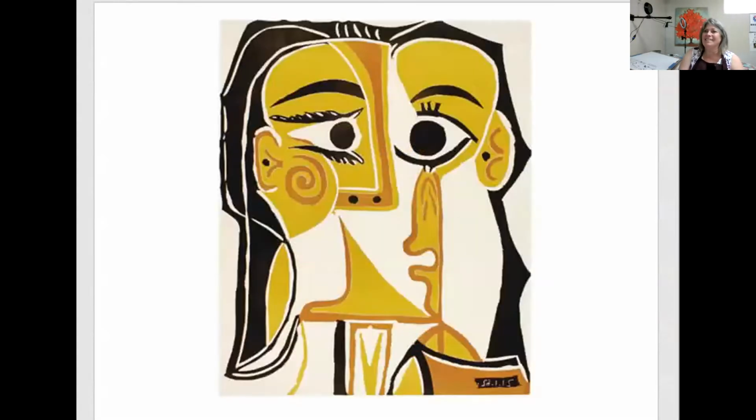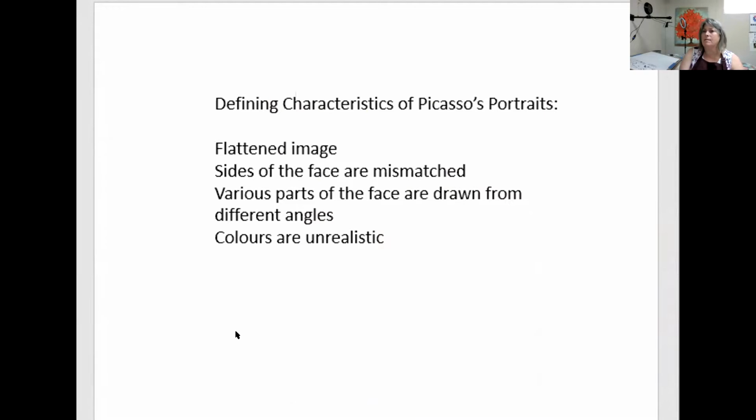This one's interesting too. He's flattened the whole face, but this half is in profile. This is the other, well, that eye is straight on, that eye is in profile facing the other direction. So we are going to simplify it a little bit, but the defining characteristics are that it's flat, that the sides of the face are mismatched.